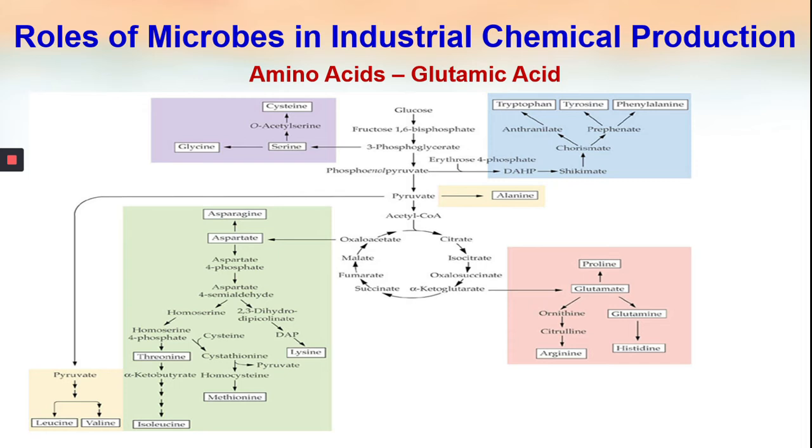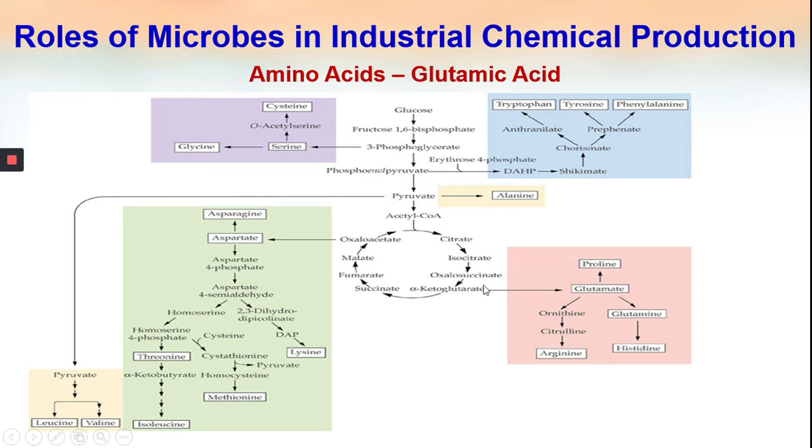If you still remember the metabolic pathway of aerobic respiration, after the glycolysis process that produces pyruvate, the pyruvate will undergo the tricarboxylic acid cycle, or we call it the Krebs cycle, whereby the pyruvate will undergo a cycle of metabolic pathway, and one of the metabolites produced is called alpha ketoglutarate.